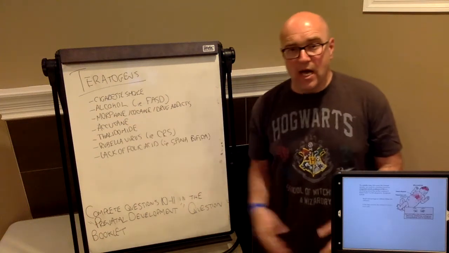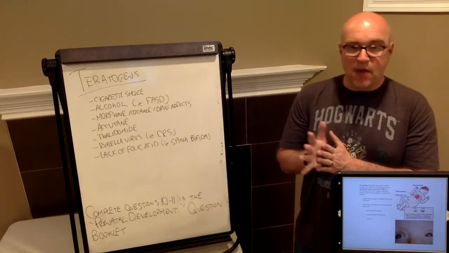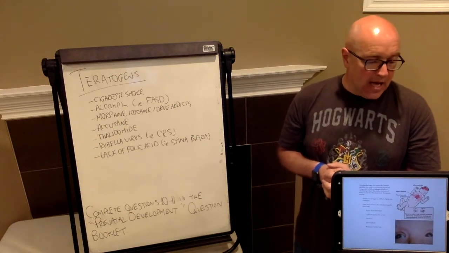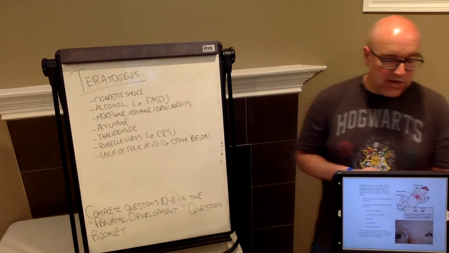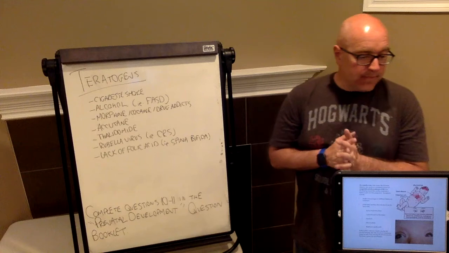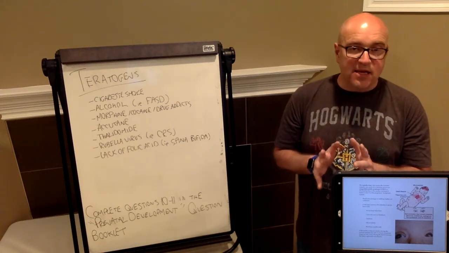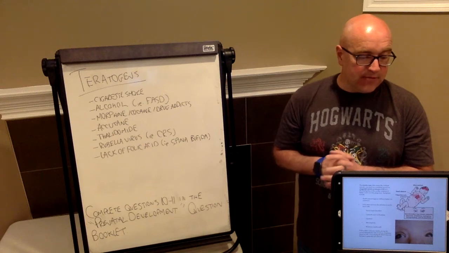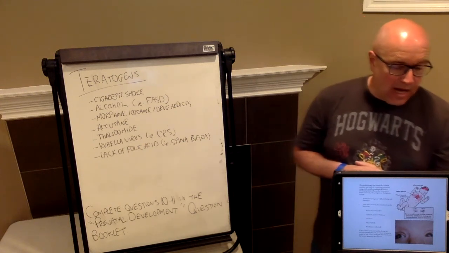Viruses can also cause birth defects. Rubella, otherwise known as German measles, can cause something called congenital rubella syndrome, or CRS. If it's contracted before week 13 of the pregnancy, it's going to be really severe.